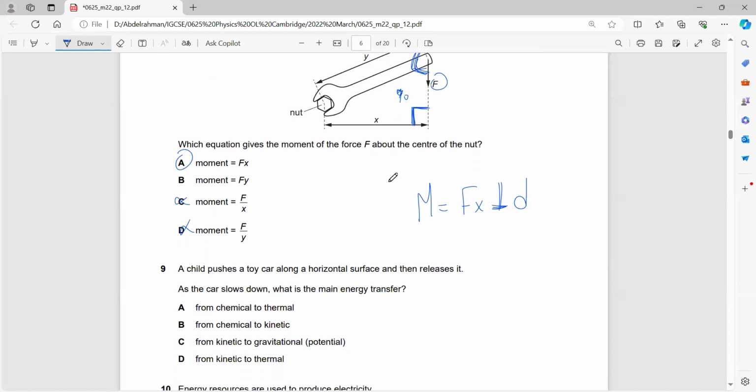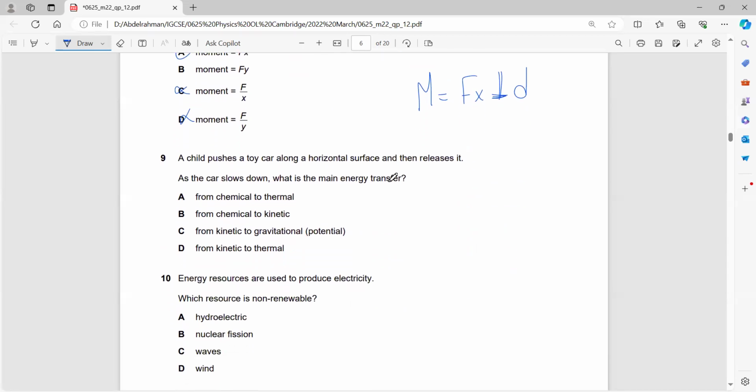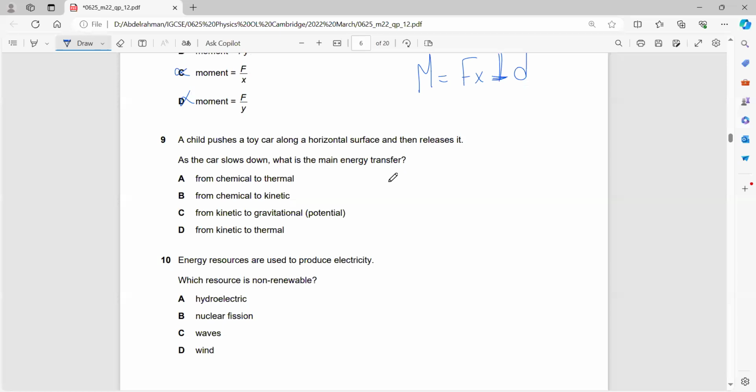A child pushes a car along a horizontal surface and then releases it as the car slows down. What is the main energy transfer as it slows down? Chemical to thermal, chemical to kinetic, kinetic to gravitational, kinetic to thermal.